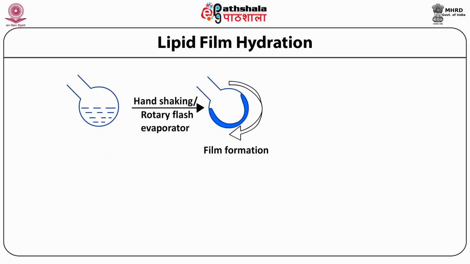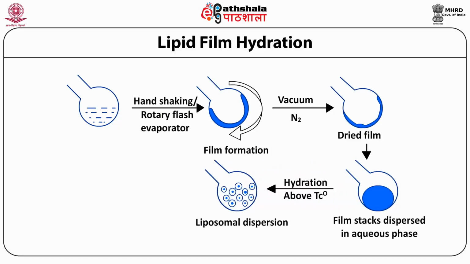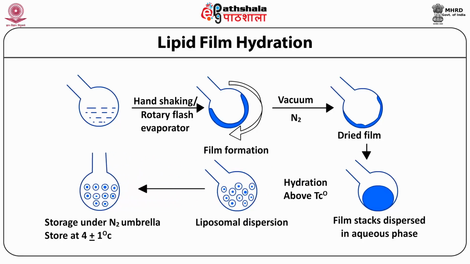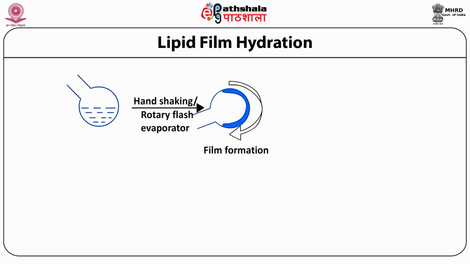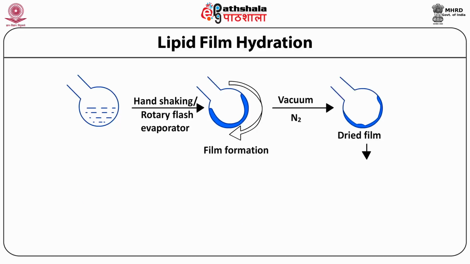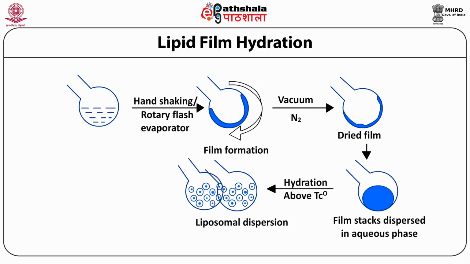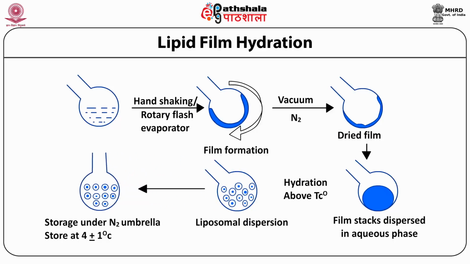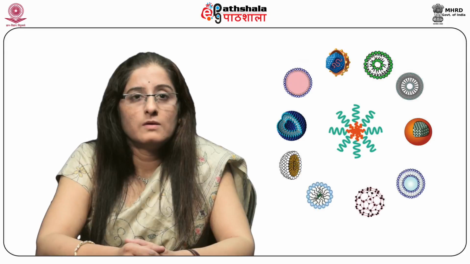Then we do the hydration of this lipid film with the water or phosphate buffer, and slow hydration of this lipid film will lead to the formation of liposomal dispersion. Then this dispersion we generally store in nitrogen environment in order to prevent the oxidation of this lipid material. So liposomes, they are generally stored at 4-degree temperature.